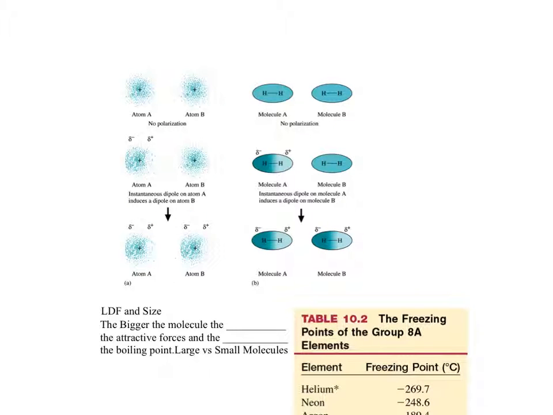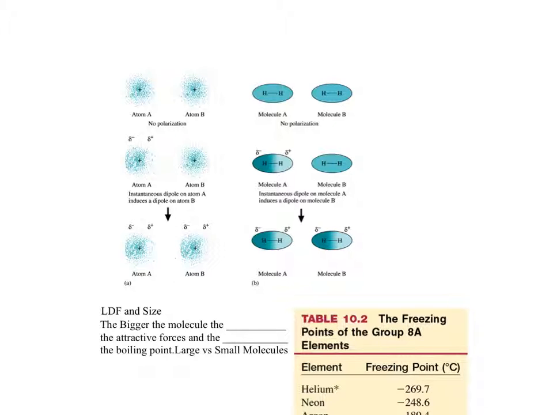So this is actually the best way to try to explain in pictures what I just did. On the left side, you have the electron cloud model, and on the right, you just have an example with actual atoms. So you have hydrogen, H2, and you have molecule A and molecule B on the right here with no polarization. And then, because of the electrons being continually in random motion, molecule A winds up with an instantaneous dipole.